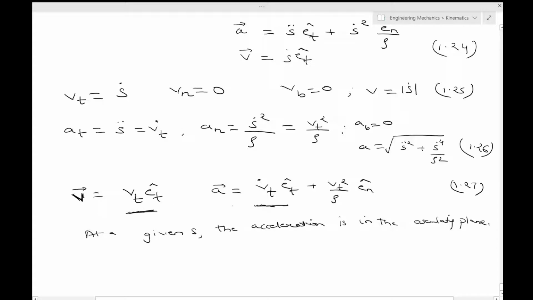If this was not changing, this would not come in. Similarly over here, if Vt is not there, this won't be here as well. So at some place it's the magnitude, at some possibility it's the direction, but both of them have to.